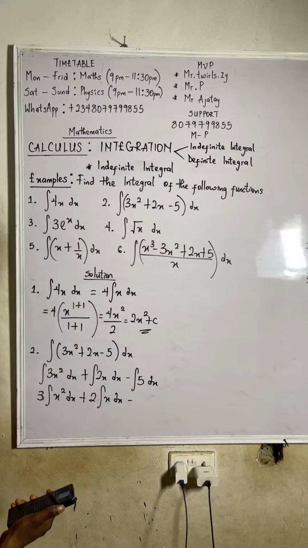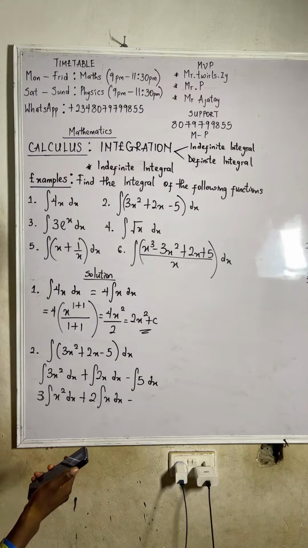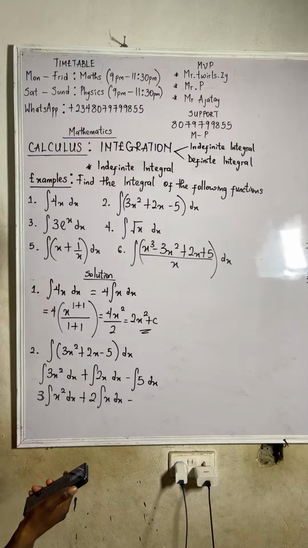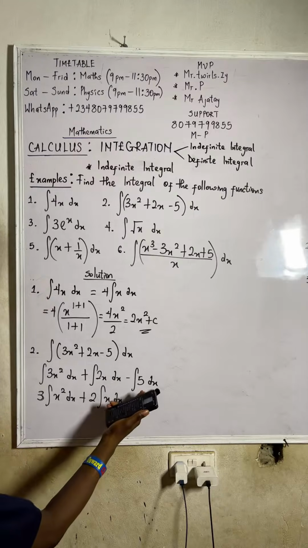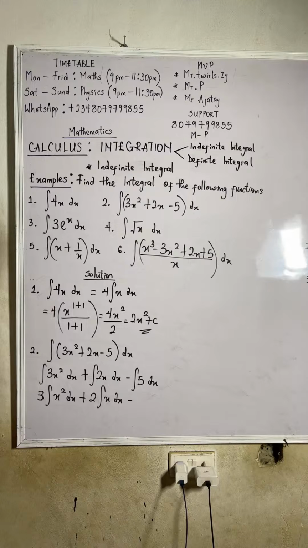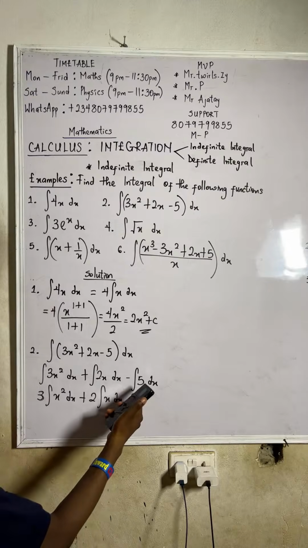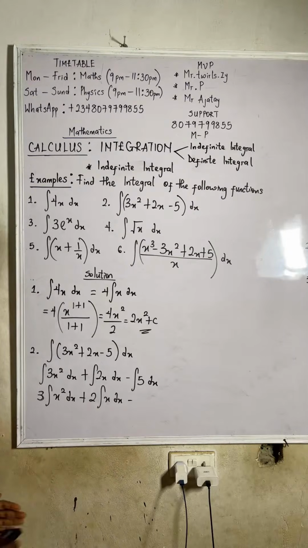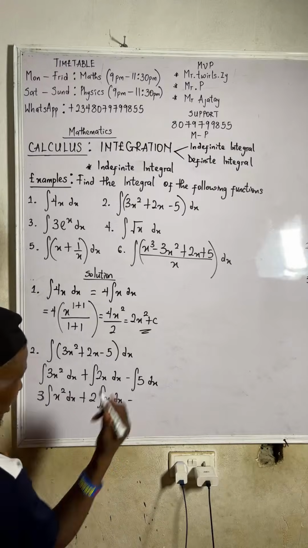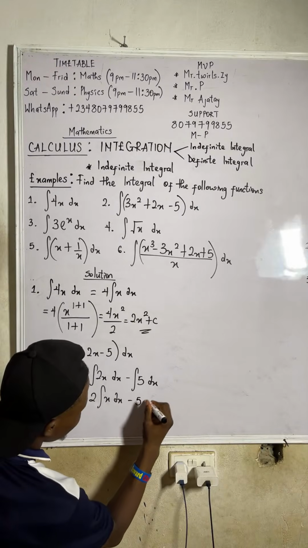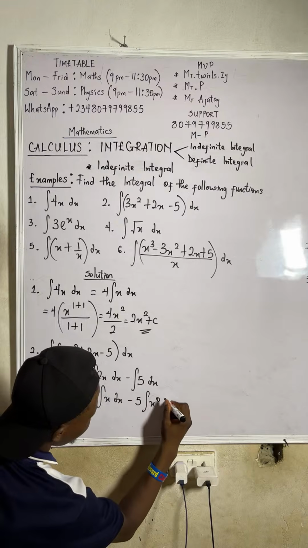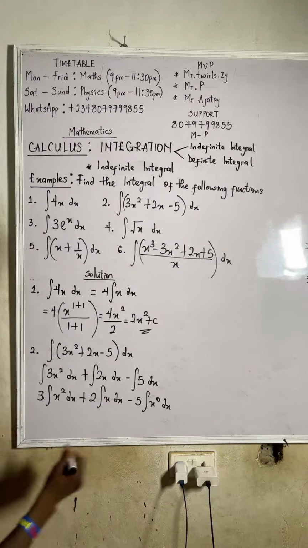It is 5x. I say when you integrate a constant, you have that constant with x. You already know it will be 5x, but let's just do it mathematically. That will be the integral of x to the power of 0 dx.